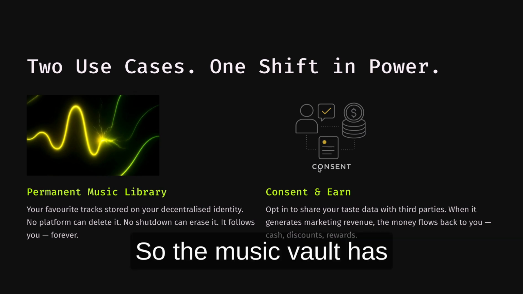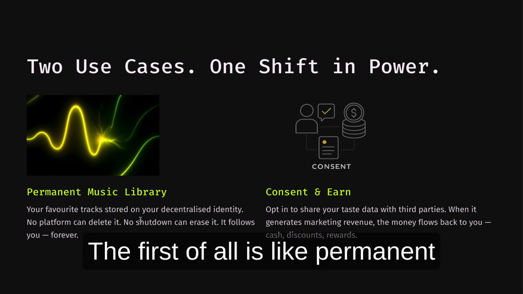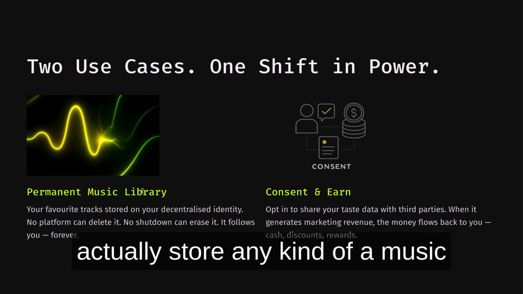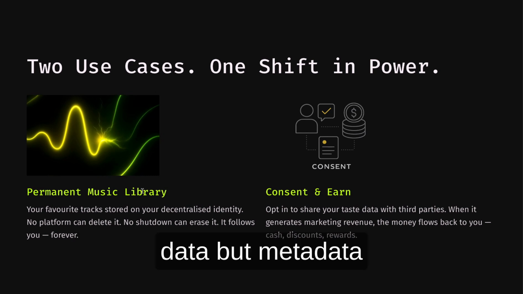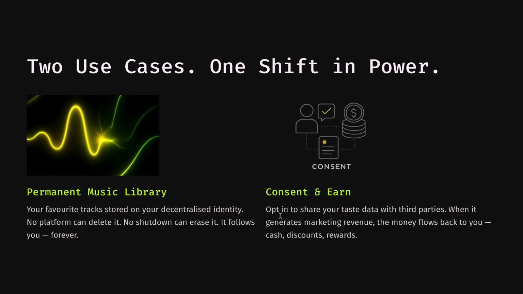So the MusicVault has two main features. First of all is a permanent music library, and we don't actually store any music data, but metadata such as name, genre, the years of release, something like that.